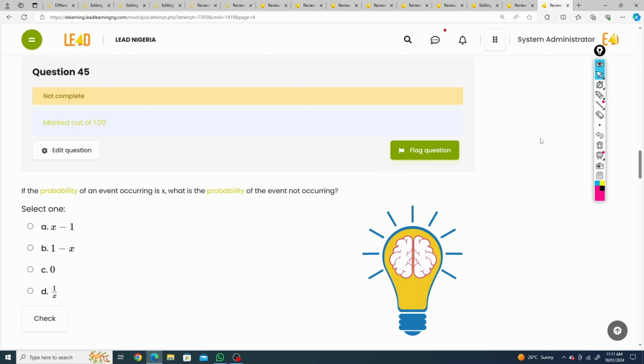So the next one says, if the probability of an event occurring is X, what's the probability of the event not occurring? All right, so basically, what's the probability of the complement? All right, so all probability adds up to 1. If it's happening or not happening, they add up to 1.